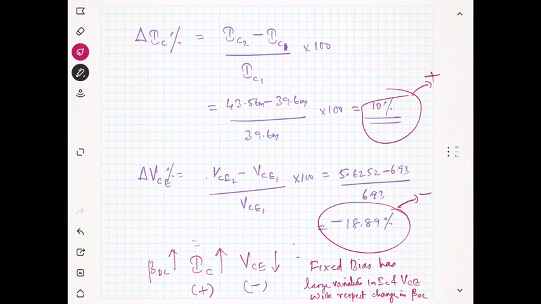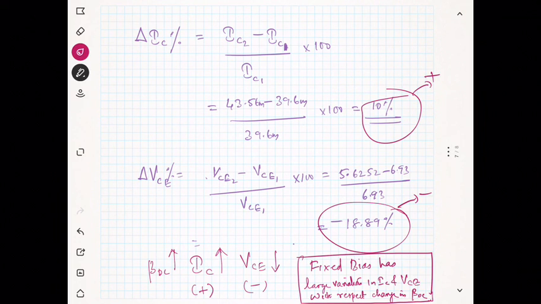This is one of the important conclusions: the fixed bias has large variation in IC and VCE with respect to beta DC. So it is not a good biasing technique.